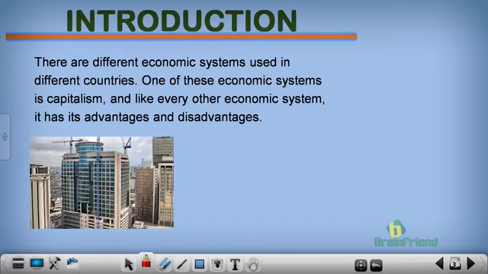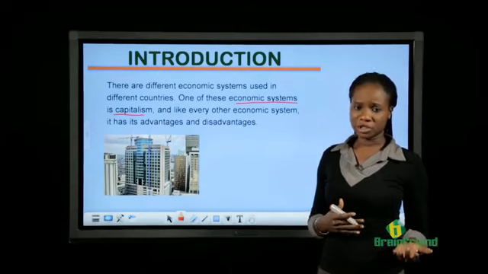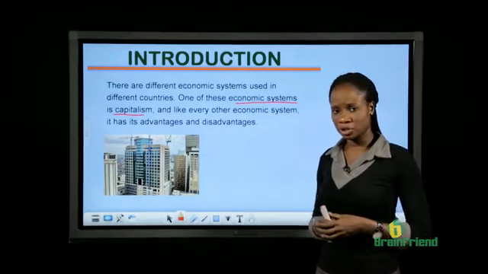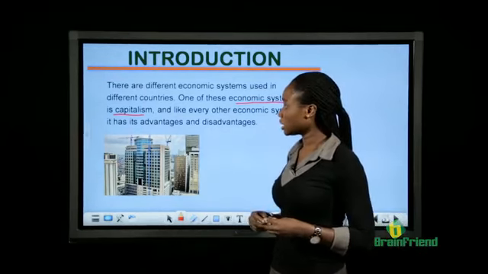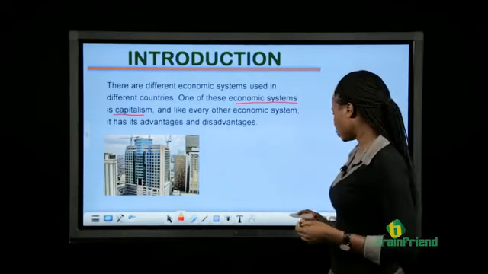There are different countries that adopt different economic systems. And one of these economic systems that are being used today is capitalism. And just like every other economic system, capitalism has its advantages and disadvantages, which of course will be the key focus for our lesson today.